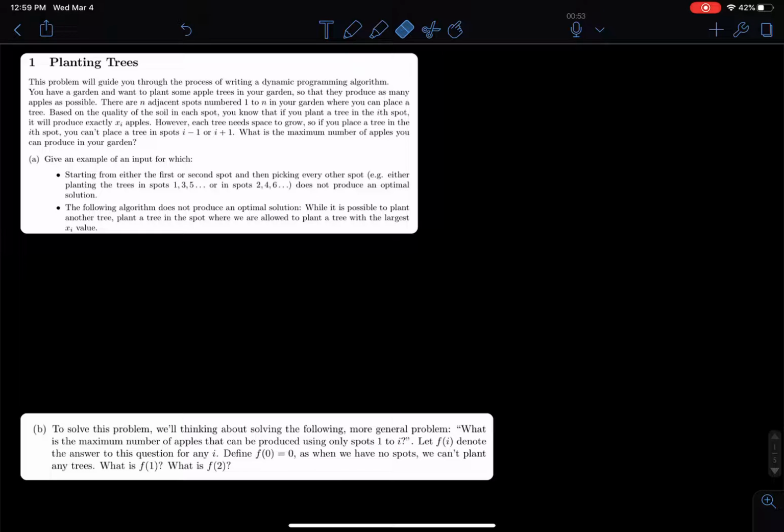We're given a problem where we have n different spots, x1 through xn. And these are all potential spaces that we could plant a tree. Each of these values represents the number of apples that we'd obtain if we were to plant a tree at that position.